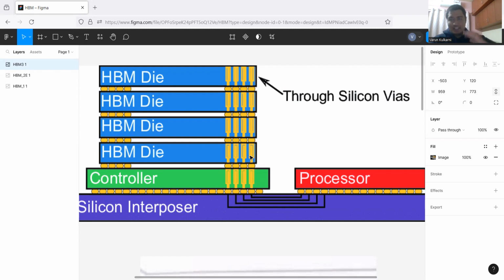And while they are 3D stacked on top of each other, they are interconnected to each other by the medium of thin connecting wires, which are called TSV or through silicon vias.